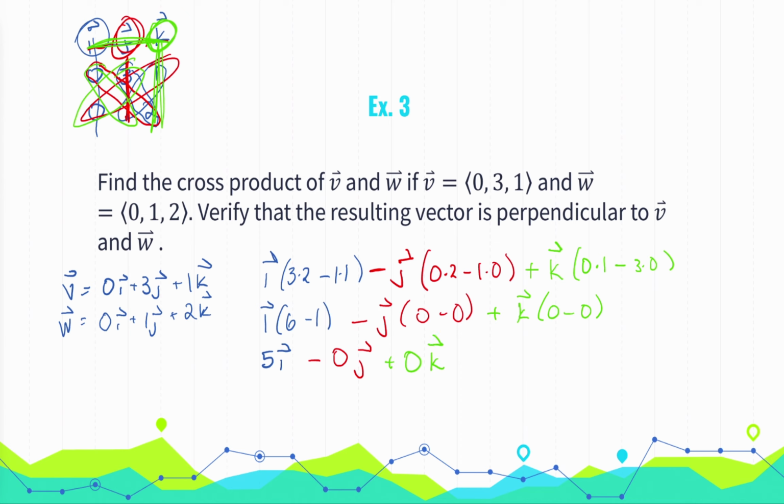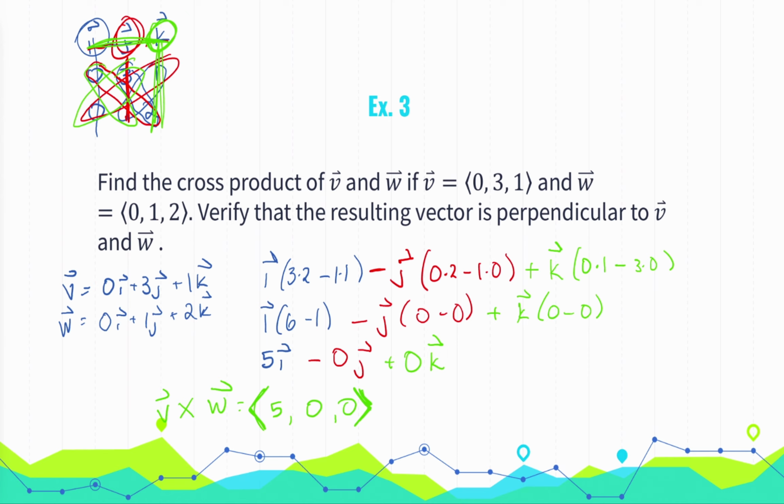Okay. So we get a vector that is 5, 0, 0 as our cross product. So V cross W is the vector 5, 0, 0.